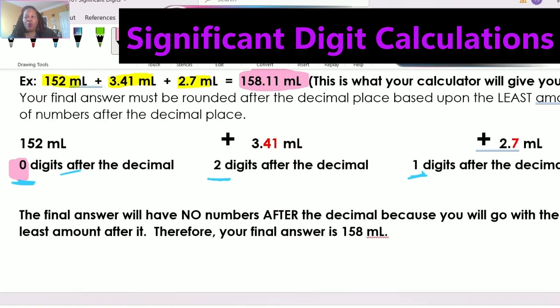See that? 158 right here. That's what you would go by. Now, here's the thing though. You can't get caught up in trying to say, well, this is what my calculator gave me. I know, but you got to go with the least amount of digits after the decimal.